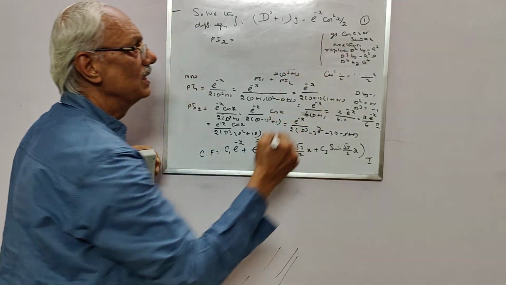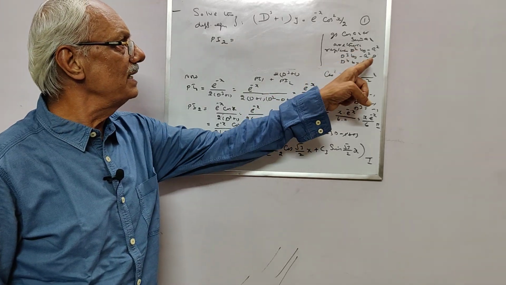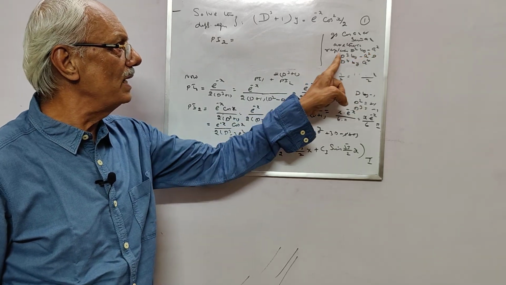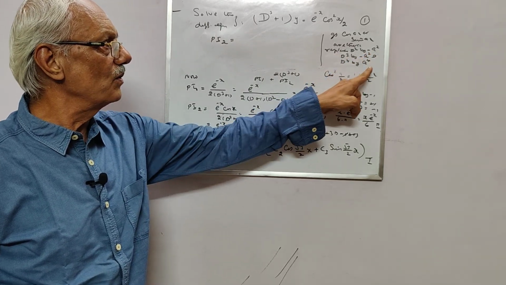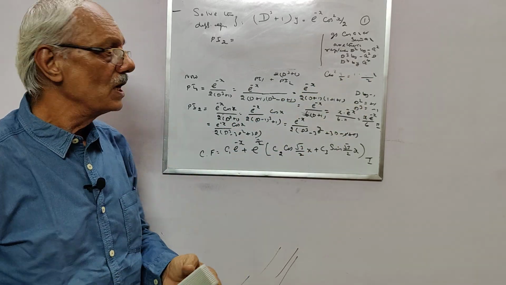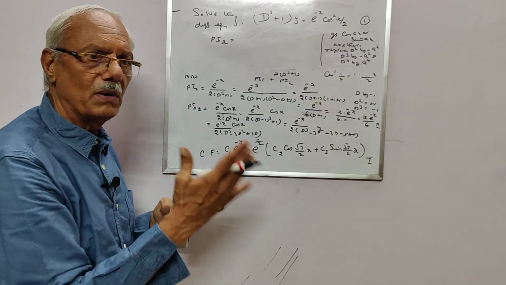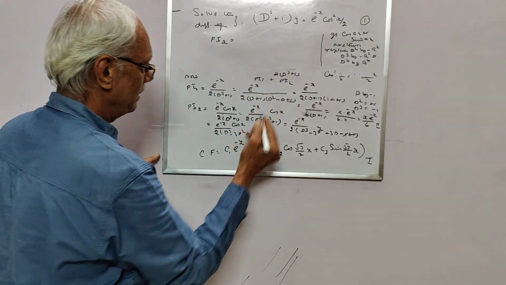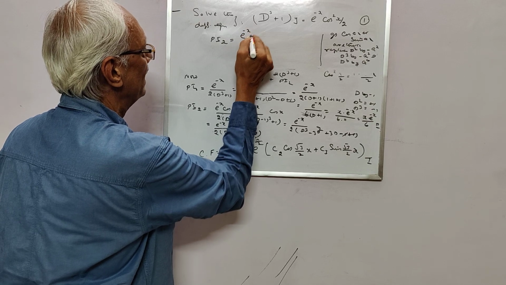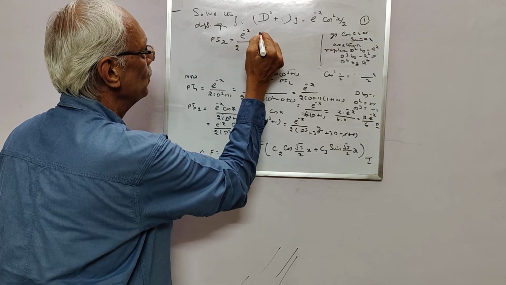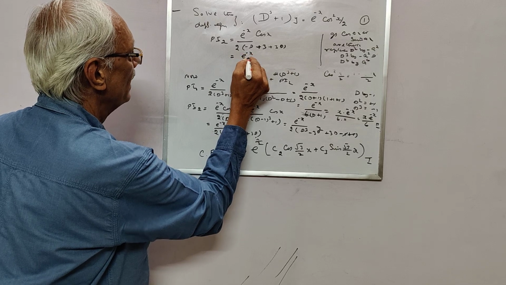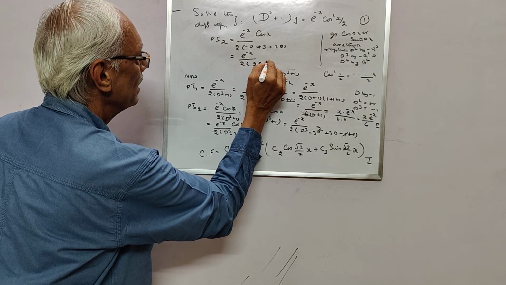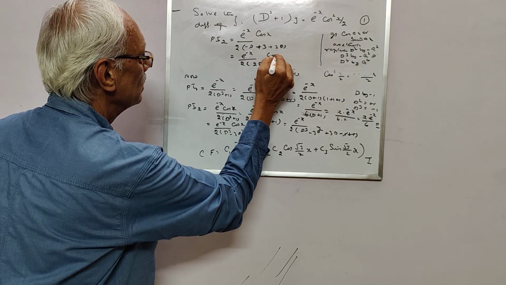So remember this rule: whether it is cos ax or sin ax, if you are integrating in this way, then d squared must be replaced by minus a squared, d cubed by minus a squared d, d to the power of 4 by a to the power of 4. Now here a squared is 1, so the replacement is minus 1. With that, it is e to the power of minus x divided by 2 into (2d plus 3), into cos x.